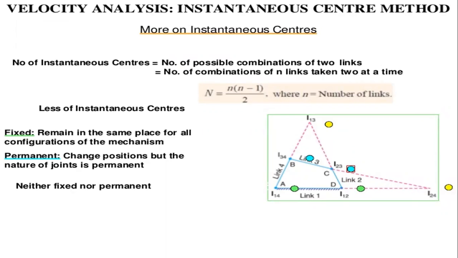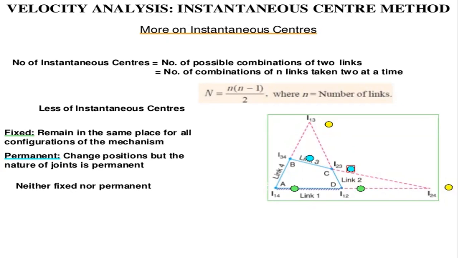So next one is the instantaneous center. That is locating the number of instantaneous centers. Here you can see the number of possible combinations of the two links.